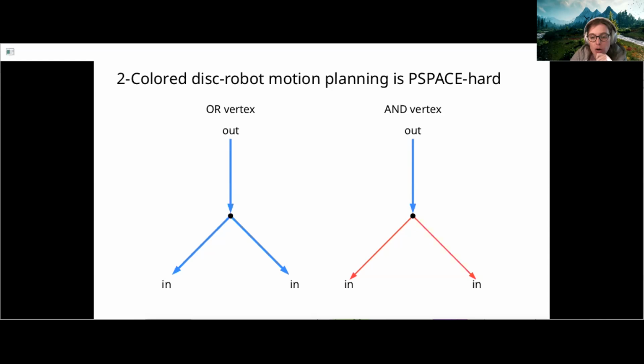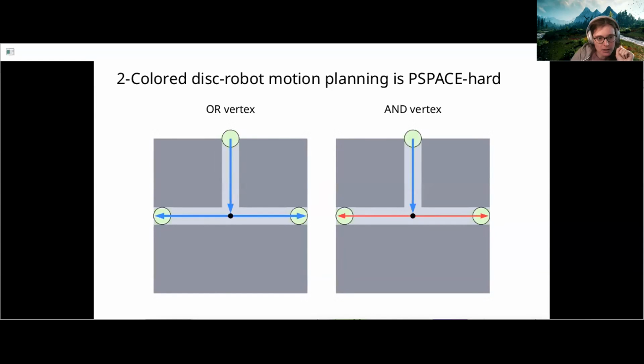for our block puzzles, we're going to replace each OR vertex and AND vertex with some construction. And in my particular case, I want this construction to also have some moving disks, right? Okay, so the dark gray area is, let's say, the boundary or representation of the boundary. And each OR vertex and AND vertex will be enclosed in a square area.